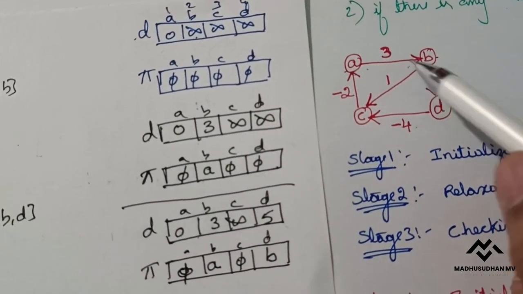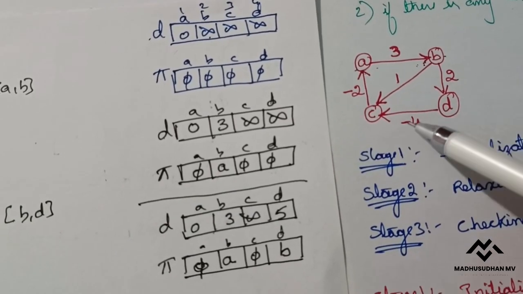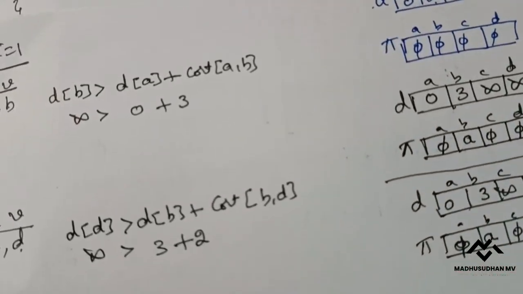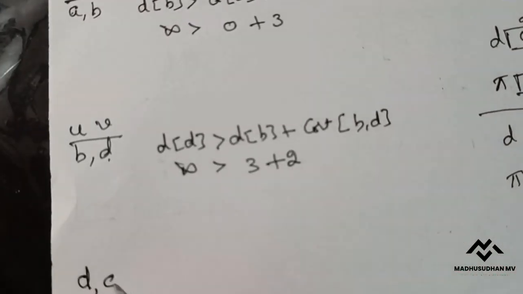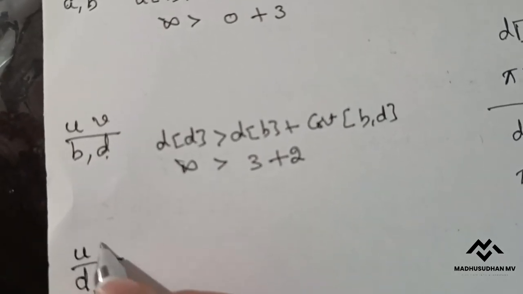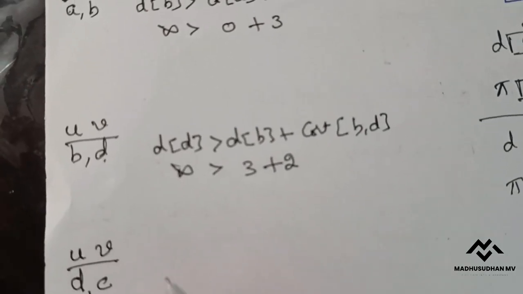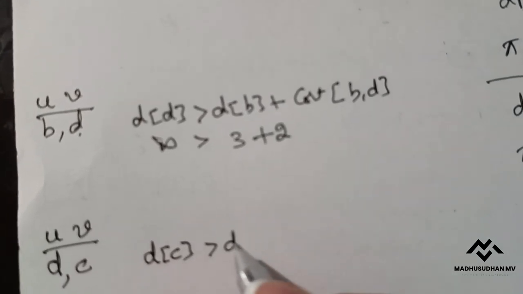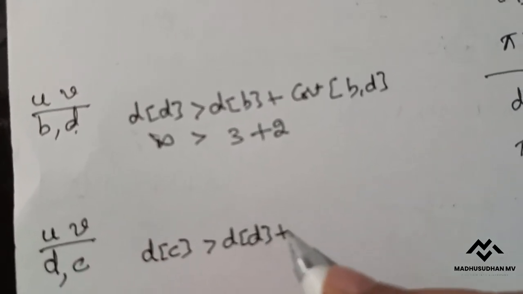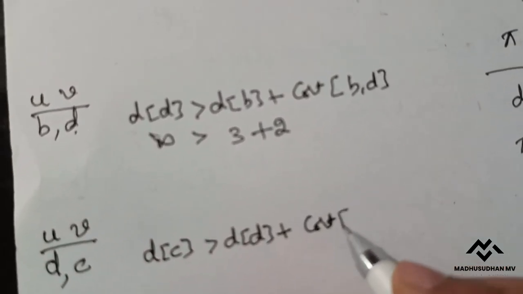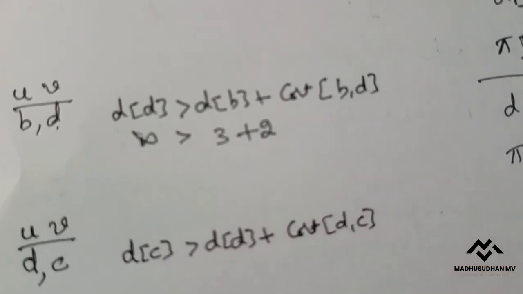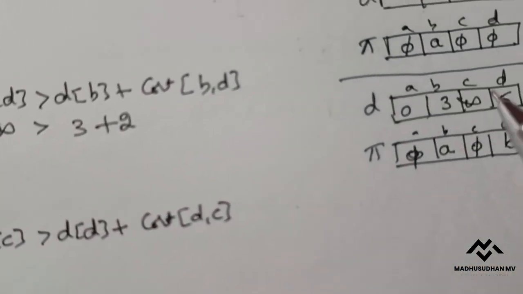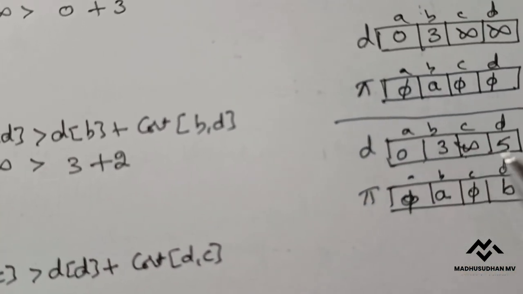Next edge is D to C. Here this is my U, this is my V. Again, distance of C greater than distance of D plus cost of D comma C. Distance of C is infinity.